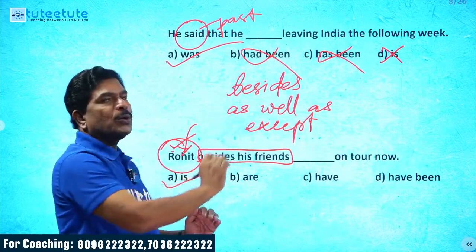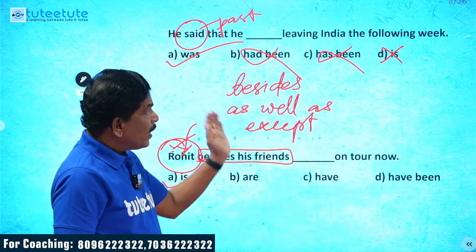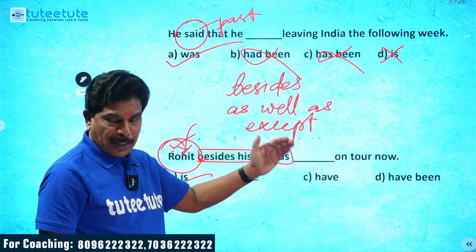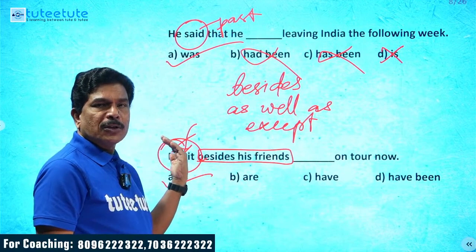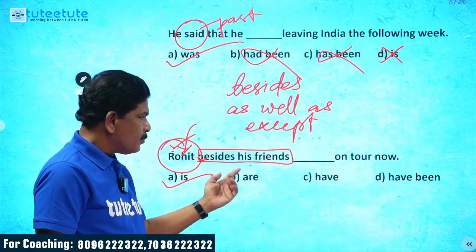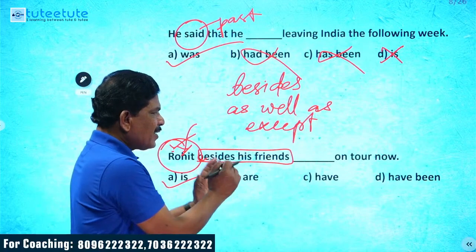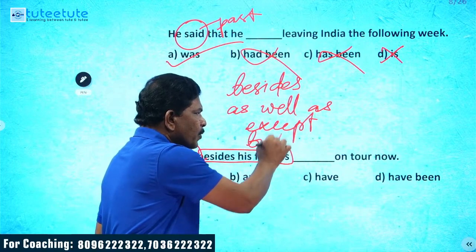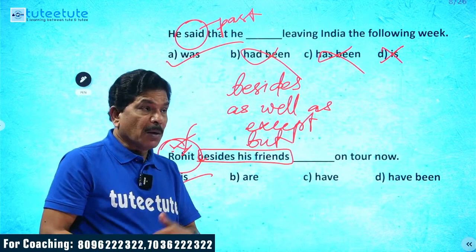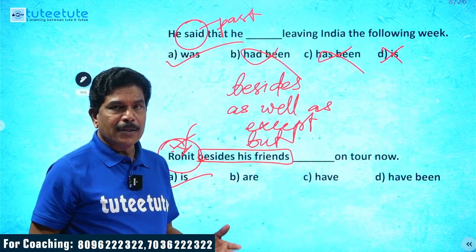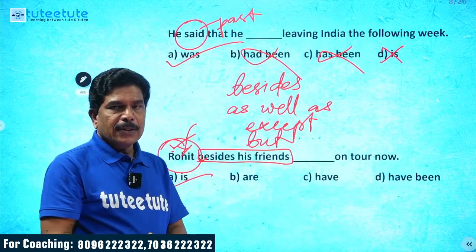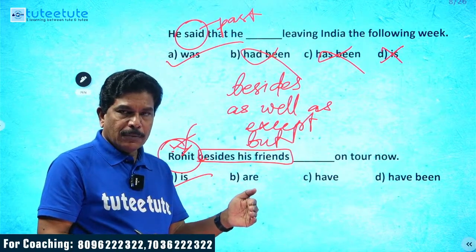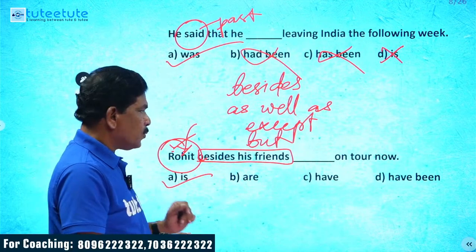Here again, Rohit is the actual subject. While using these conjunctions, we should consider the number of the first used subject. This part: besides his friends, as well as his friends, except his friends, but his friends, in addition to his friends, barring his friends, excepting his friends. While using all these conjunctions, we always consider the first used noun, that is Rohit.